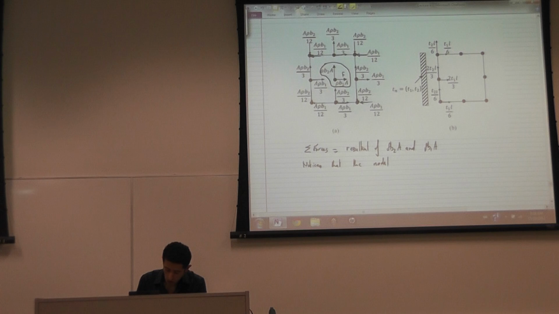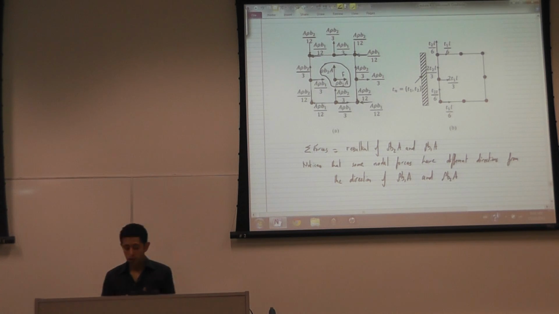So notice that some node forces have different directions from the direction of rho B1 and rho B2.